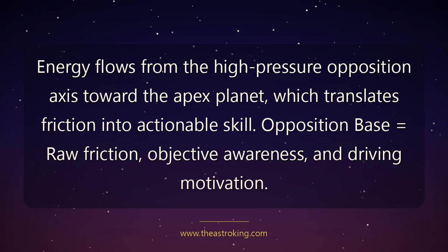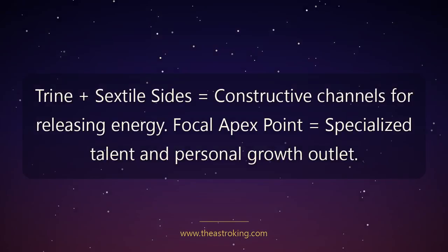Opposition base equals raw friction, objective awareness, and driving motivation. Trine plus sextile sides equals constructive channels for releasing energy. Focal apex point equals specialized talent and personal growth outlet.